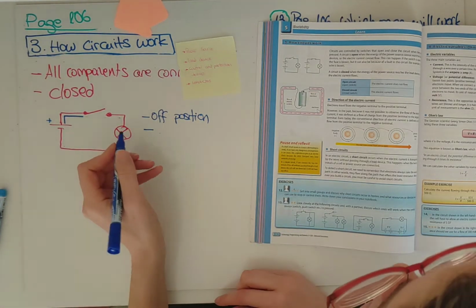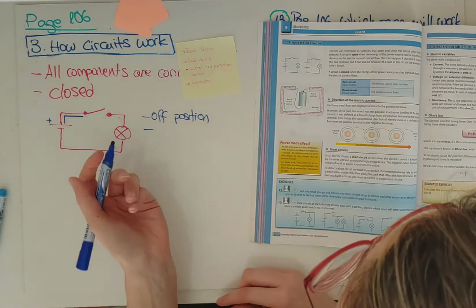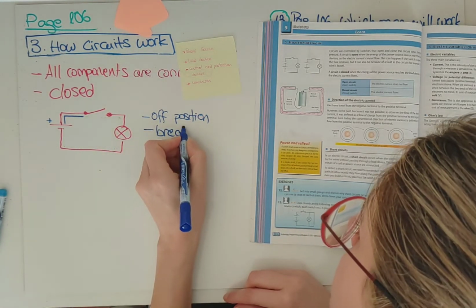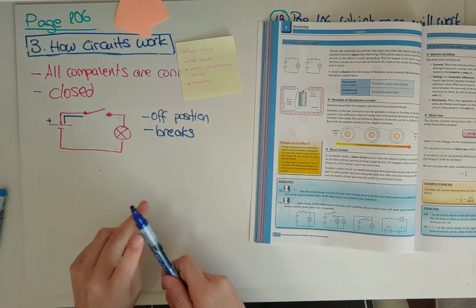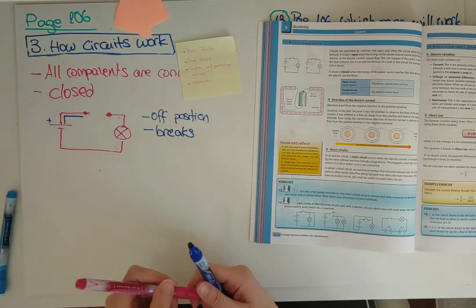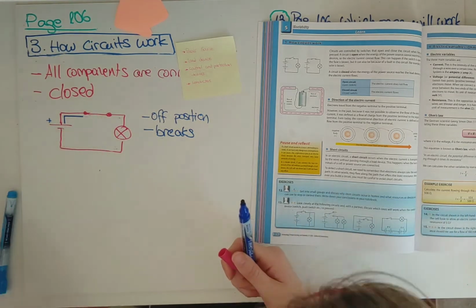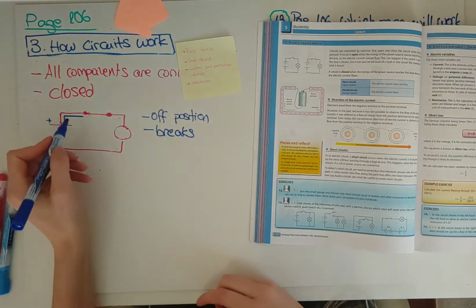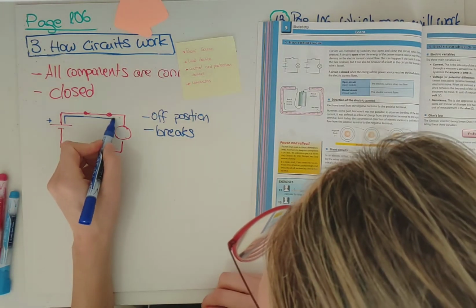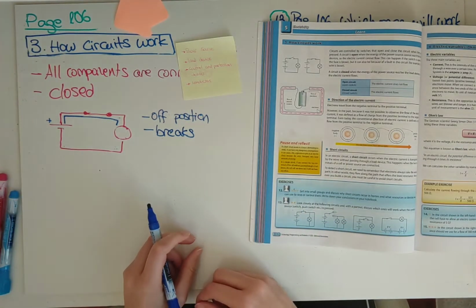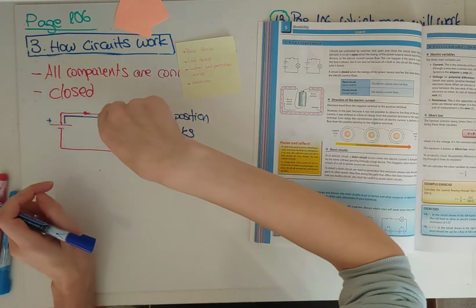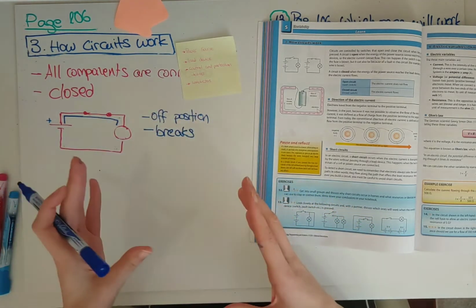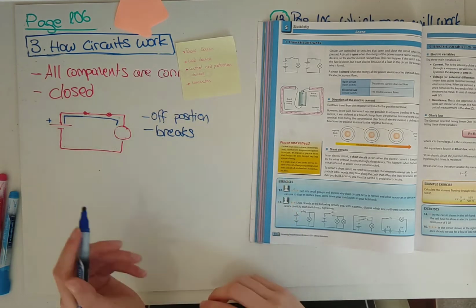Also, when the load device breaks or fails. If the lamp breaks, the current can't reach the negative pole, so this circuit is open.